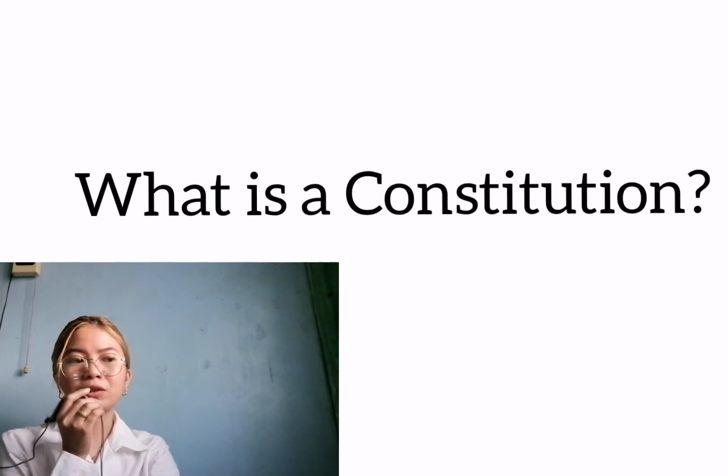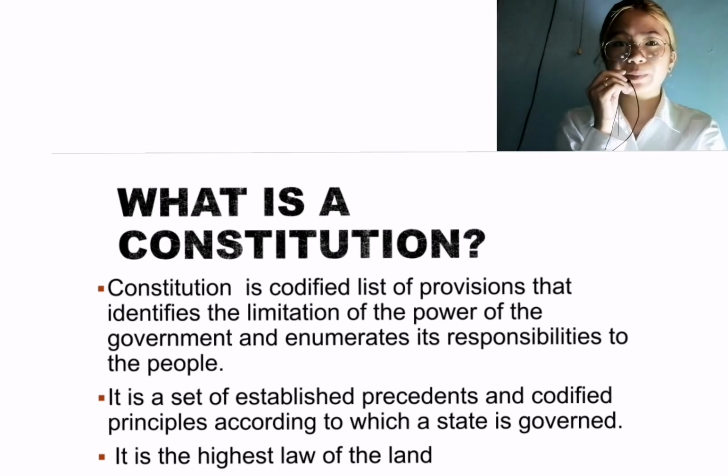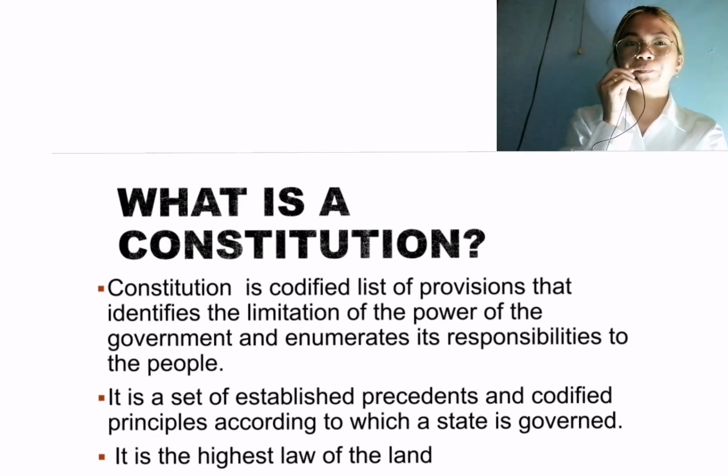Now let me ask you, we often hear the word constitution, but what is it all about? Constitution is a codified list of provisions that identifies the limitation of the power of the government and enumerates its responsibilities to the people.